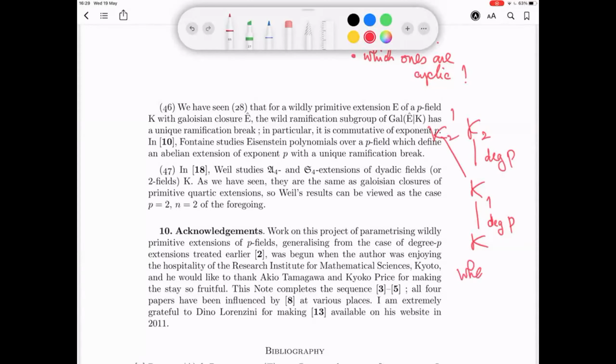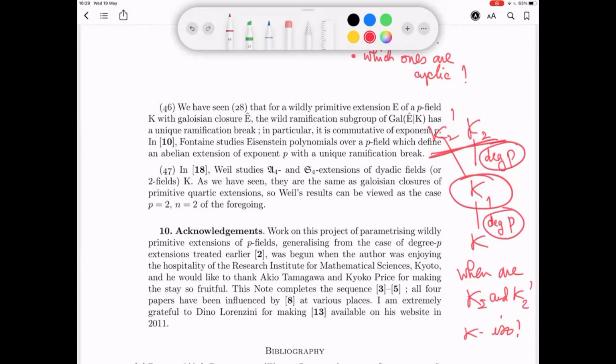So K2 and K2 prime are not K1 isomorphic, but they may be K isomorphic. When are K2 and K2 prime K isomorphic? Similarly, instead of degree p, you can look at primitive extensions of degree p to the n. Here, maybe you just start with primitive degree p to the m, etc.